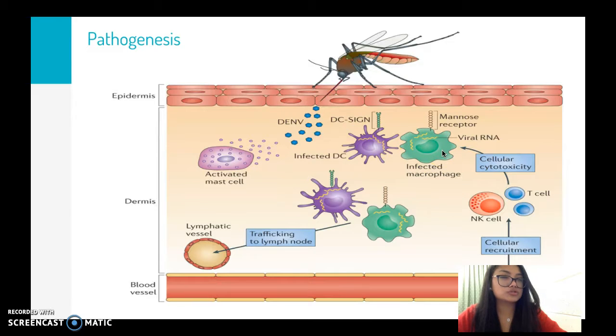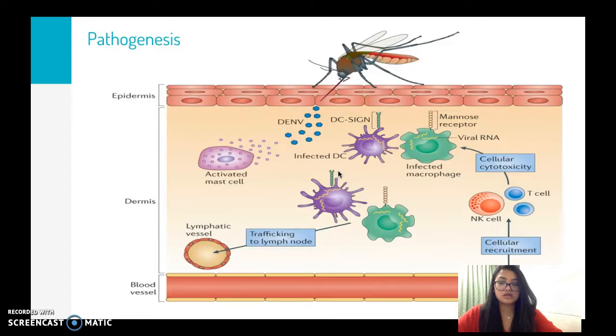produce interferon that acts as a cytotoxic alarm that brings the natural killer cells and then the cytotoxic T cells to come out from the capillaries and produce an inflammatory response. The ones that go to the lymphatic vessels cause the dengue virus to be spread to the system in circulation.